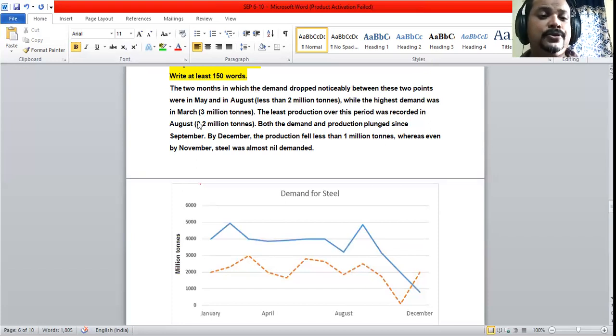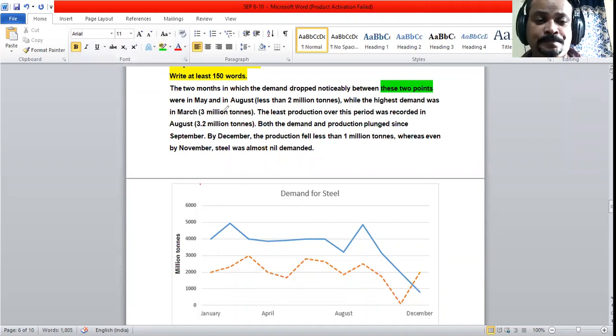So we continue. The 2 months in which the demand dropped noticeably between these 2 points. In the previous sentence, we mentioned 2 particular points.